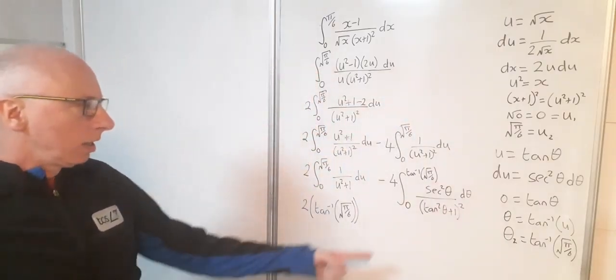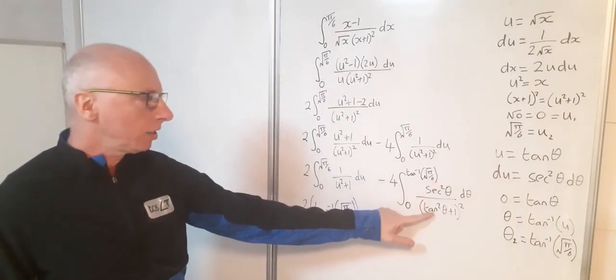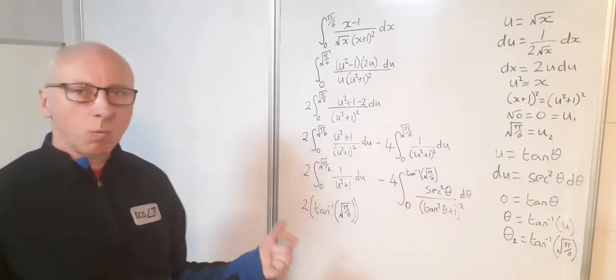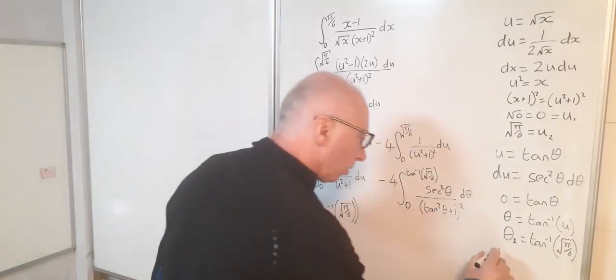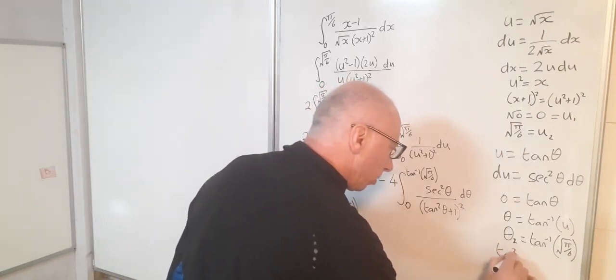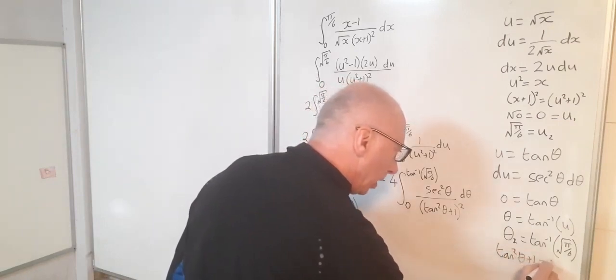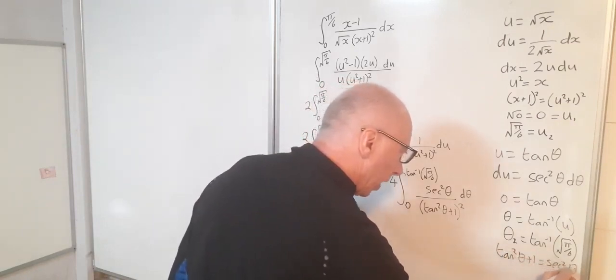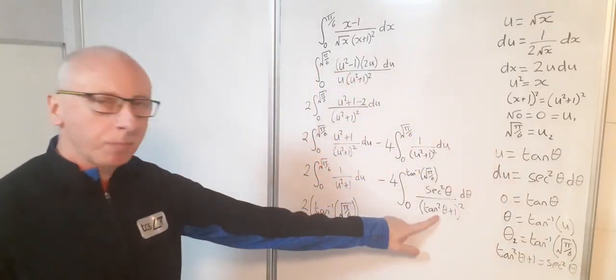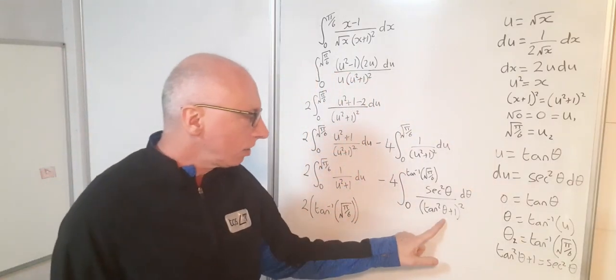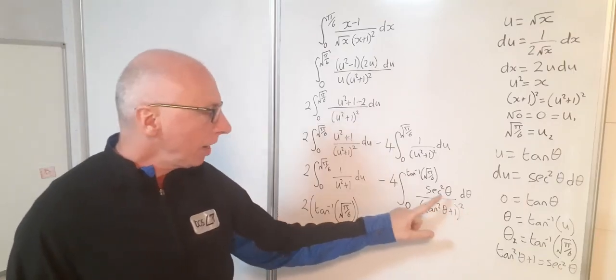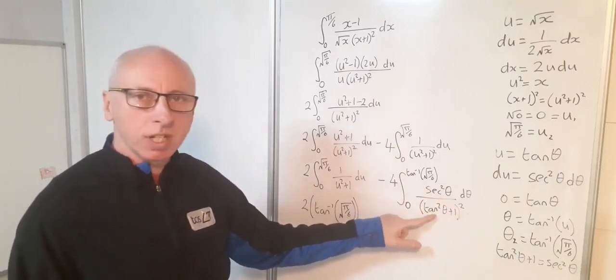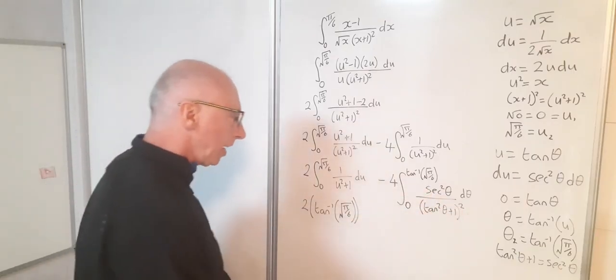Okay, well, got secant squared here and tan squared theta plus 1 here. Well, there's a good trig identity which I can use, which is tan squared theta plus 1 is secant squared theta. So then I can sub that in for there and get secant to the 4 theta. But then if I cancel that out, I'm going to have 1 over secant squared theta. So let's put that in.